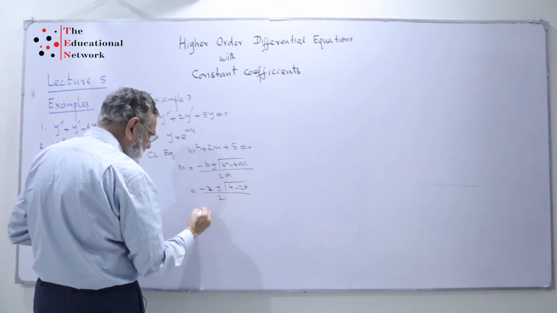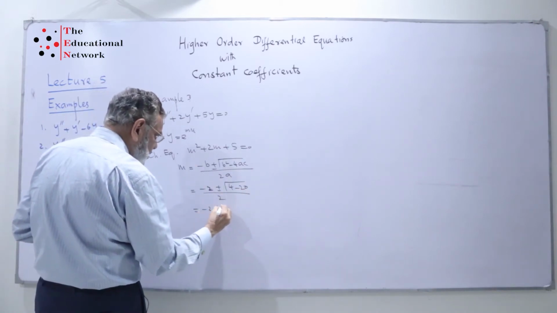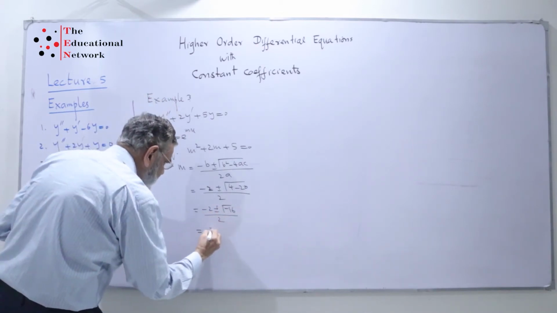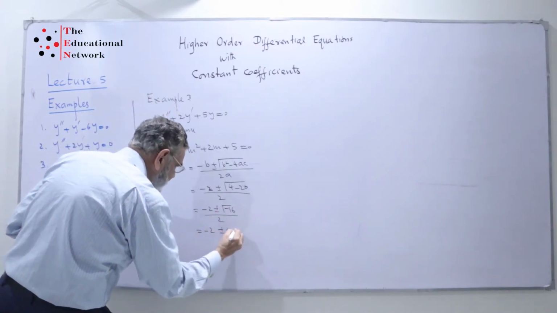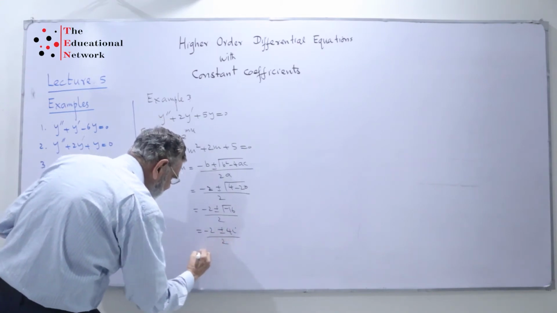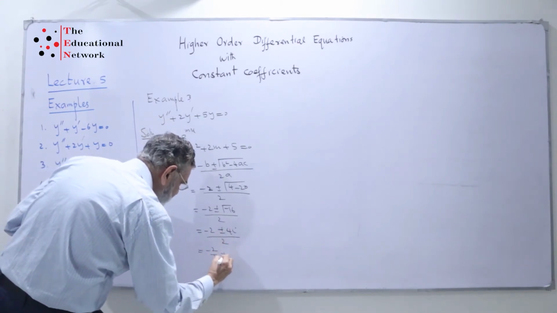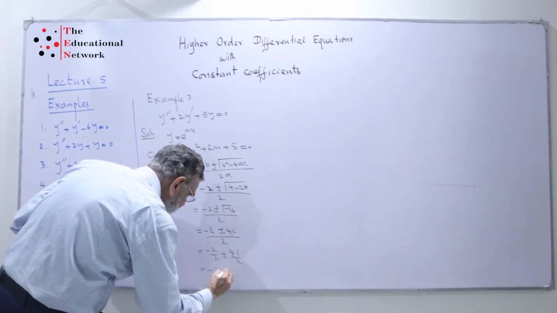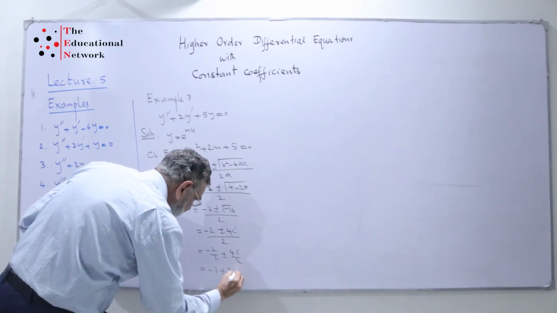So when we solve it, we get minus 2 plus minus root of minus 16 over 2, and that gives me minus 2 plus minus 4i. I explained it before, and we get minus 2 over 2 plus minus 4i over 2, and that gives me minus 1 plus minus 2i.